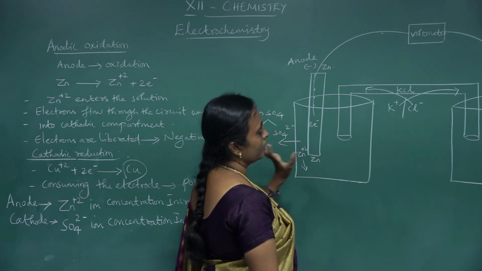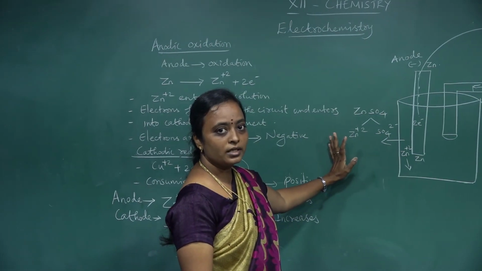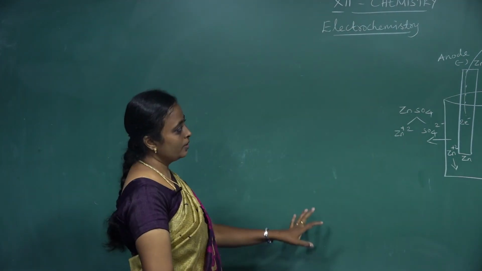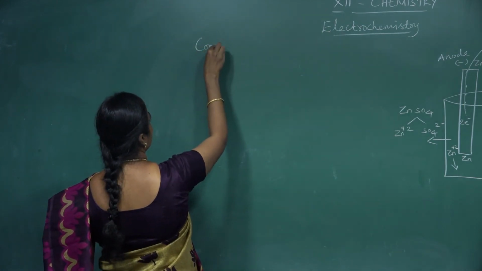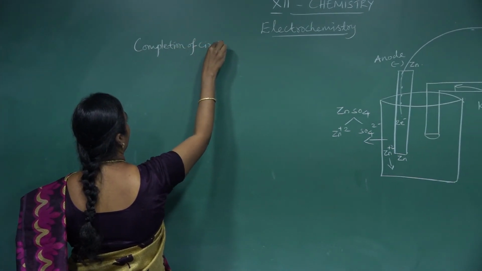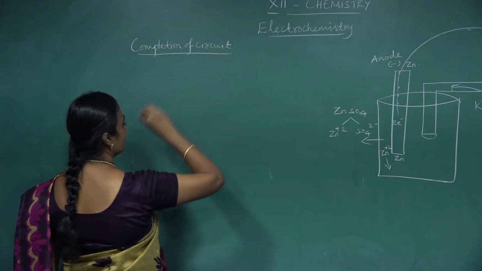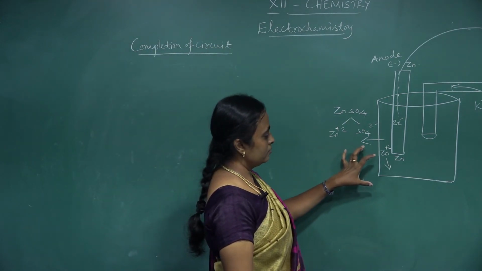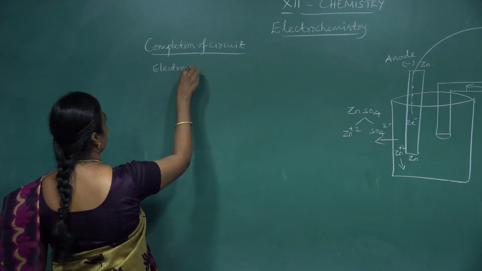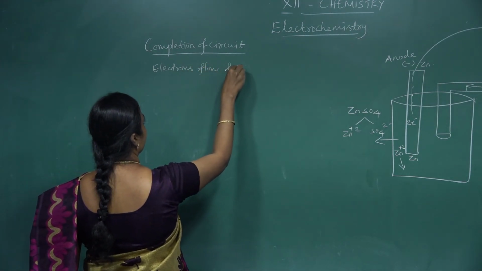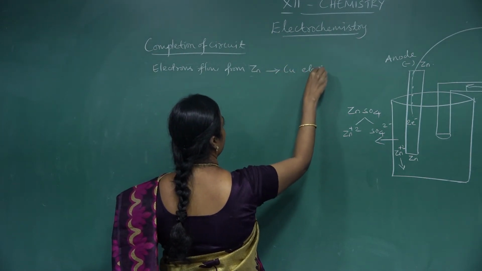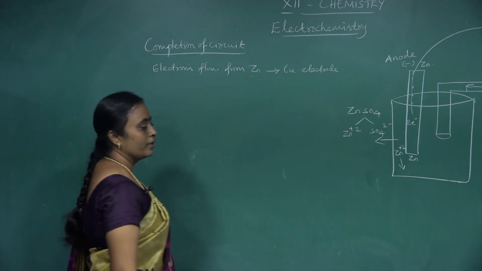So this is a cell setup that comes under an electrochemical cell. Just we are taking a Daniell cell as an example. Okay, next we are going to see about completion of a circuit. Okay, here what happens? The electrons flow from zinc electrode to copper electrode, that is compartment.